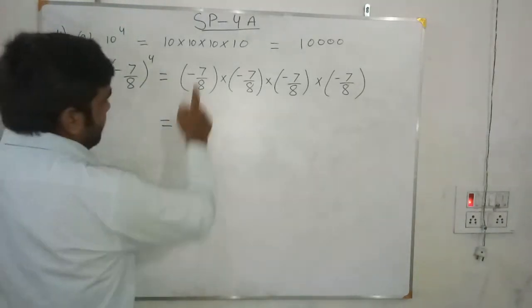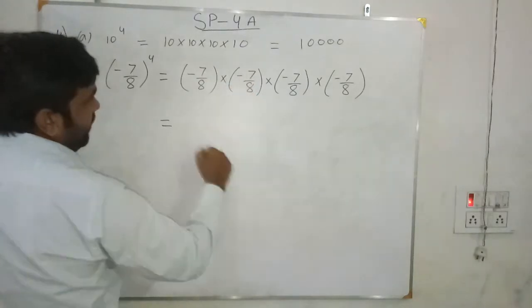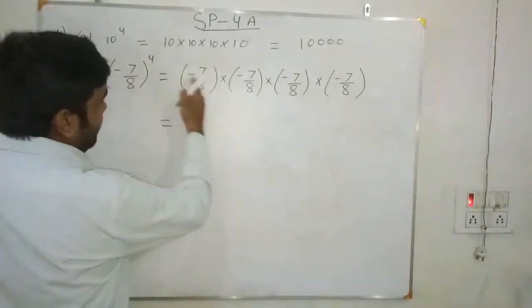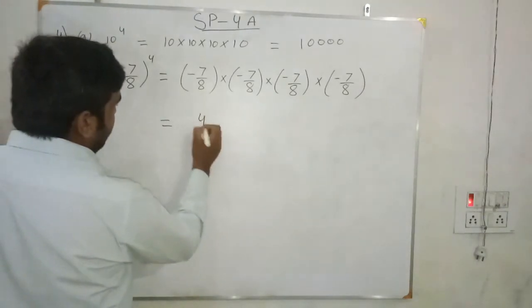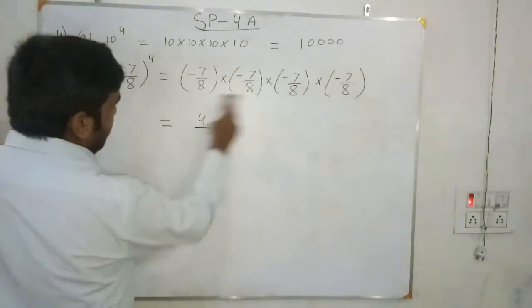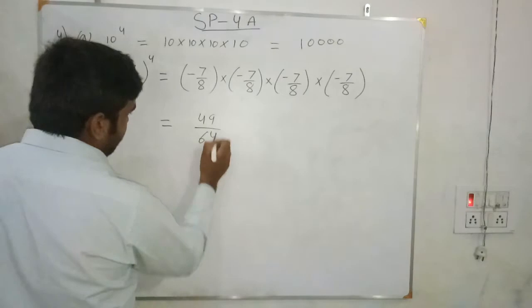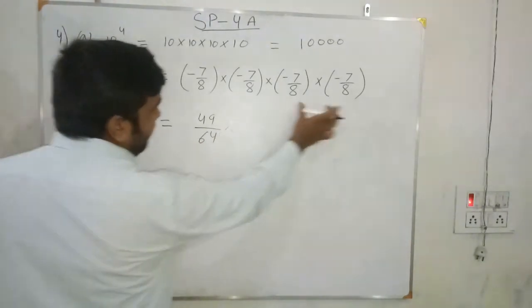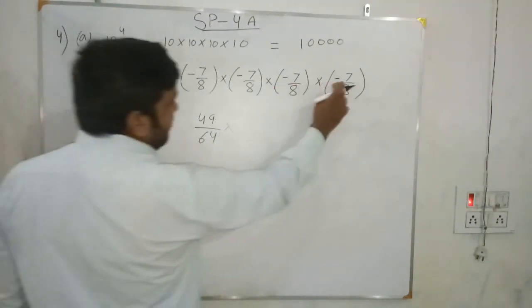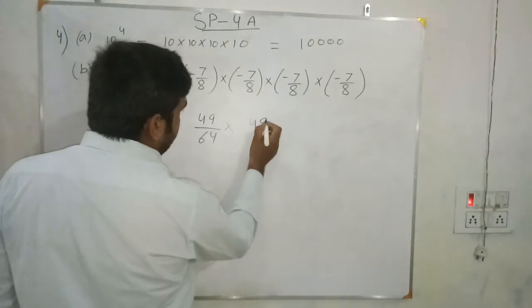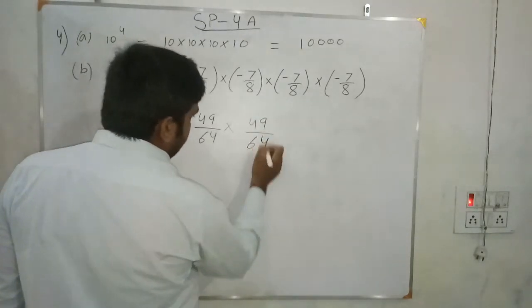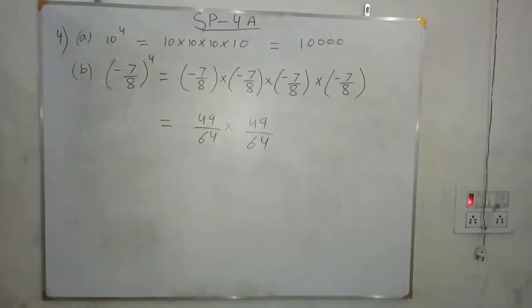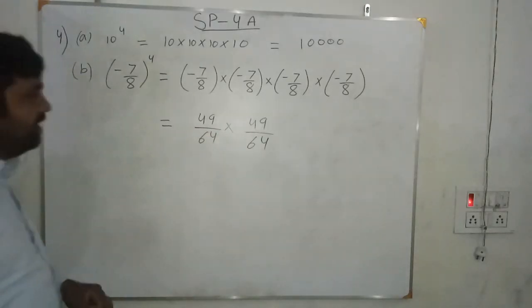So 7 7s are 49, when I multiply these two numbers I get 49, and 8 8s are 64. Again, minus 7 into minus 7 is 49, and 8 8s are 64. Again, two positive quantities when you multiply, you will get the product positive only.